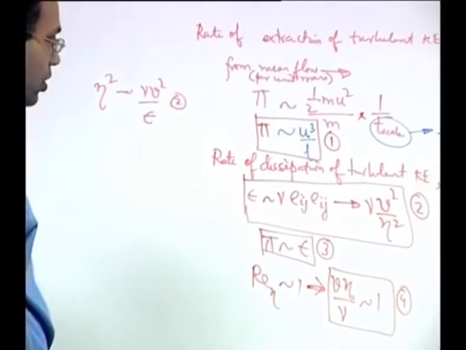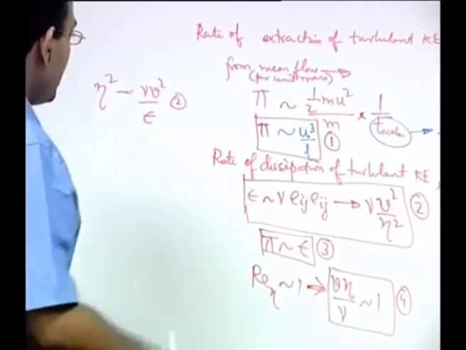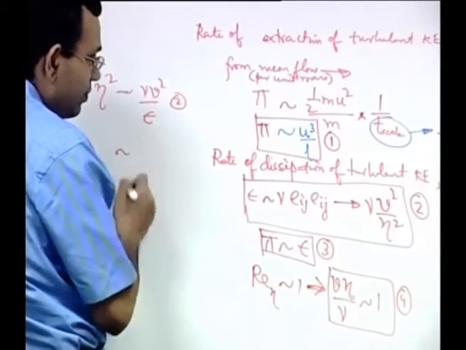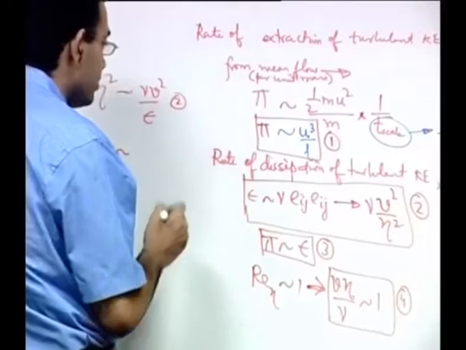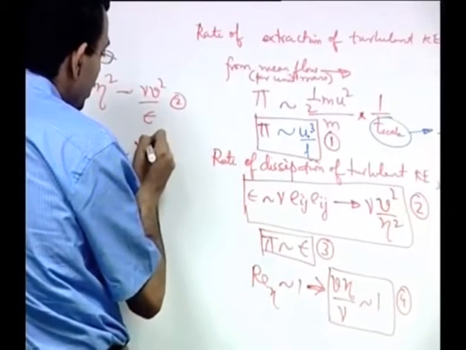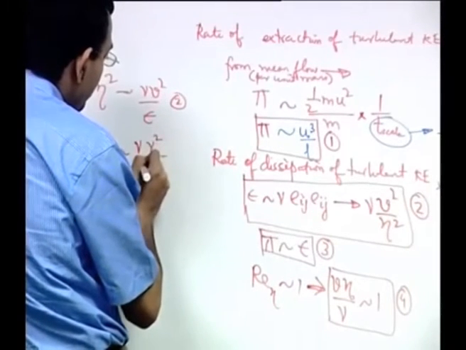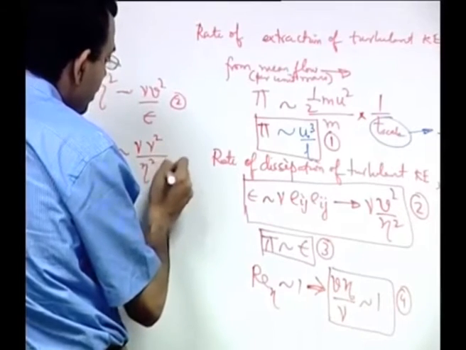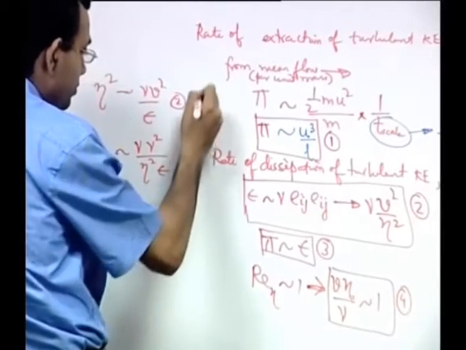Now from 4 you can replace V and write V is of the order of nu by eta. So nu into nu square by eta square epsilon, this is using 4.